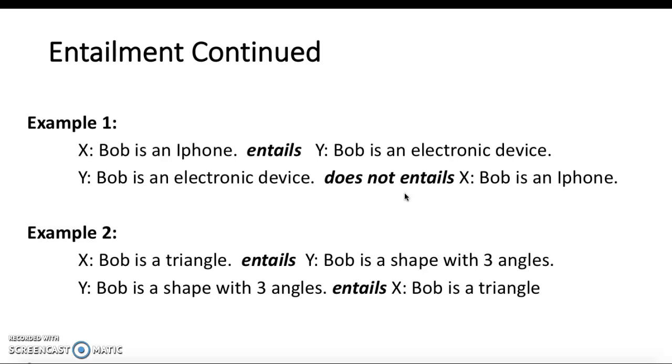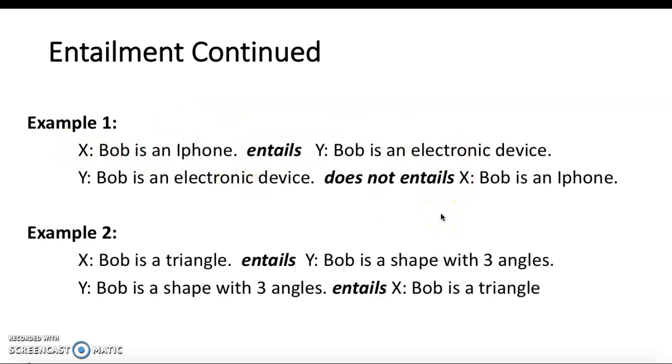Even if it is true, it could be the case that Bob is a microwave or a satellite or some other kind of electronic device. So while Bob being an iPhone entails that Bob is an electronic device, being an electronic device does not entail that Bob is an iPhone. Here we have an example in which the entailment relation between this group of statements only goes one way but doesn't go the other.